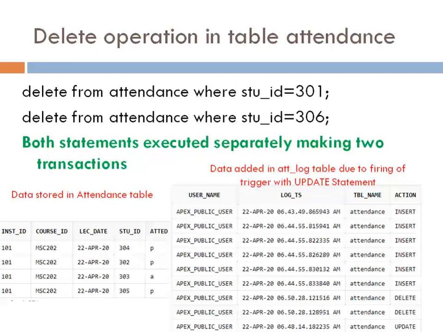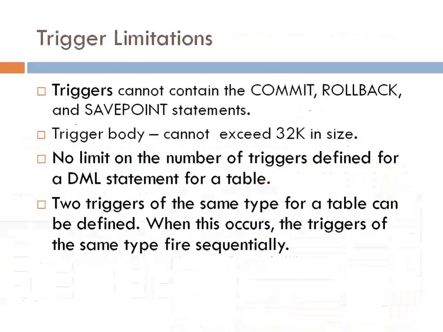The trigger is executed when delete, update or insert is executed, and you can see that the delete operation has added these 2 things in the table for the logging information, that this user has deleted rows from attendance table at this date and this time.